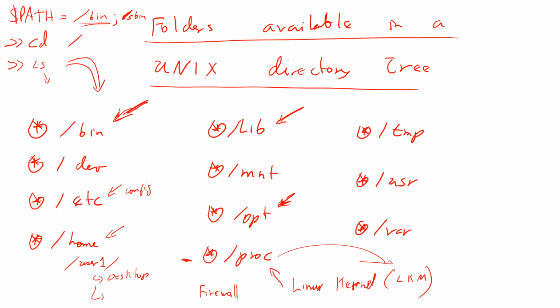So in that case, you would create the firewall as an LKM so that it can access the most raw information of the operating system. And then let's say the rules of the firewall that you get updated could be stored in the proc folder, which is designated for that type of function so that it can efficiently retrieve that data.